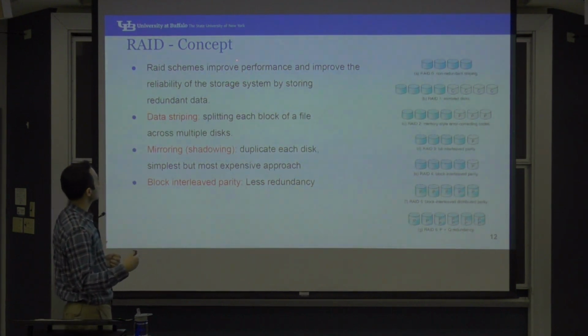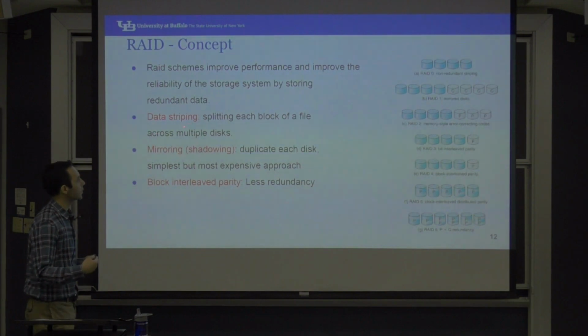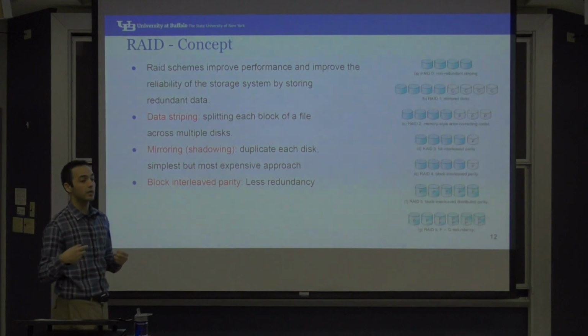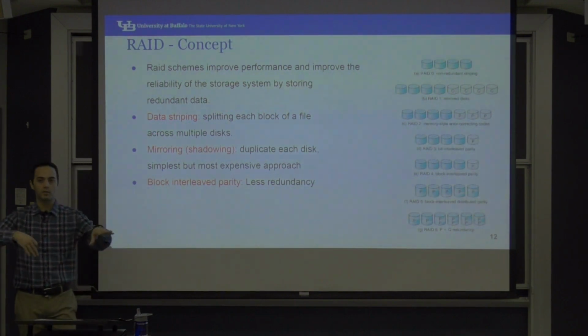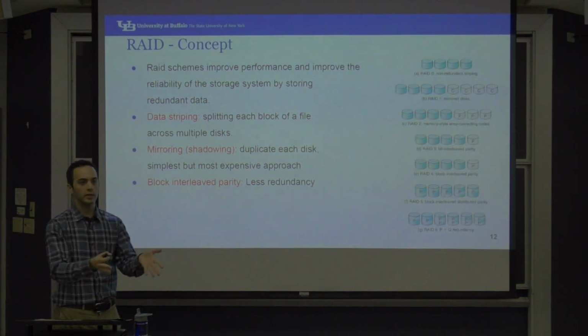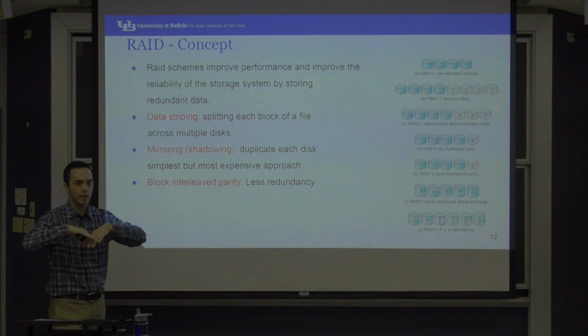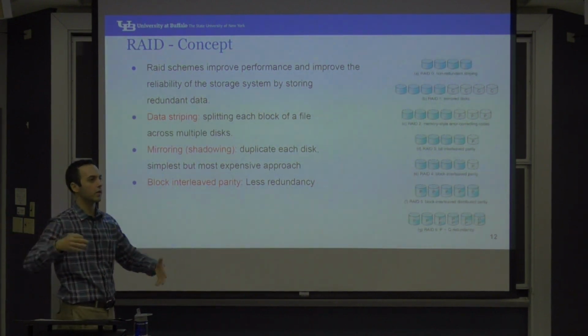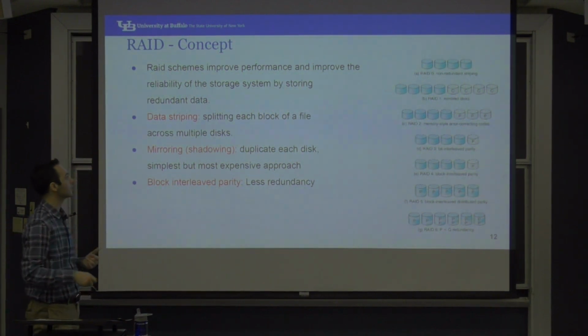One is data striping, which is splitting data into different blocks. Instead of writing one block of data or a file onto one disk at a time, you can stripe it, breaking it across different disks, for different reasons. Again, we're going to cover all of them.